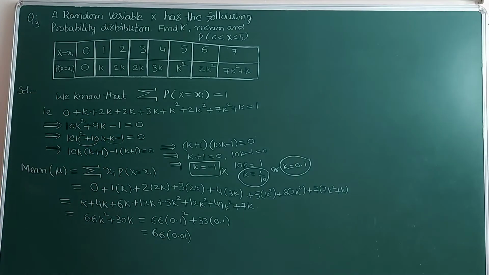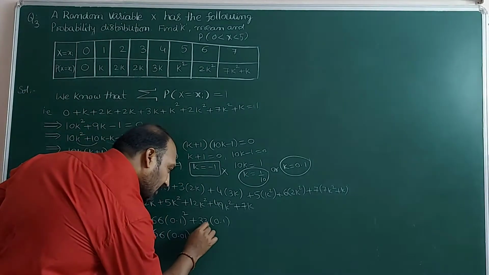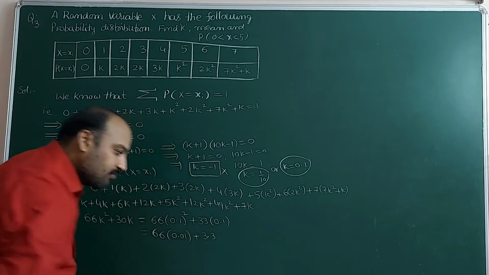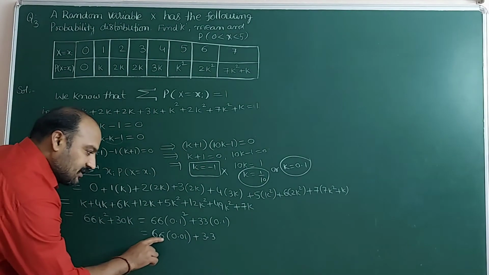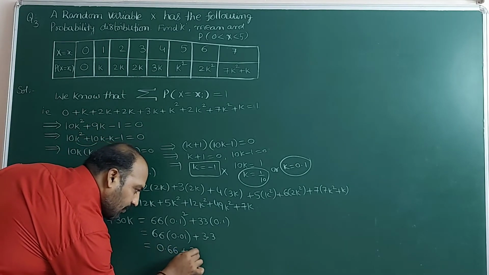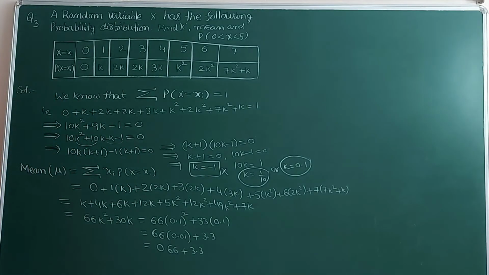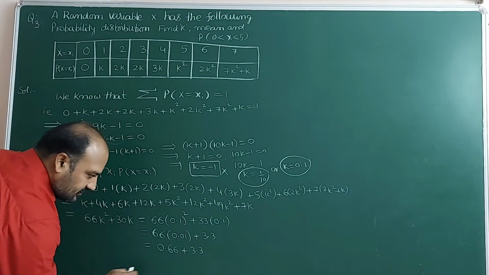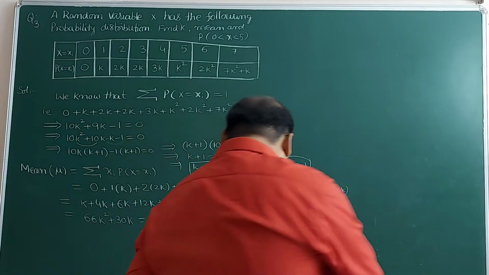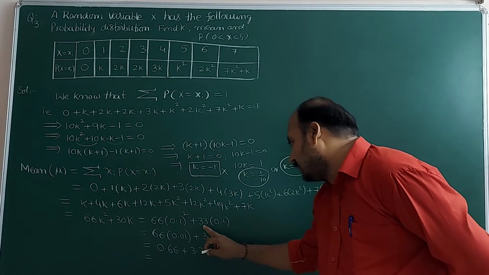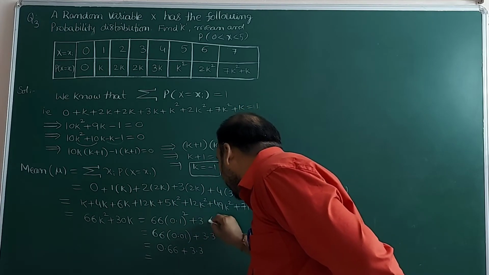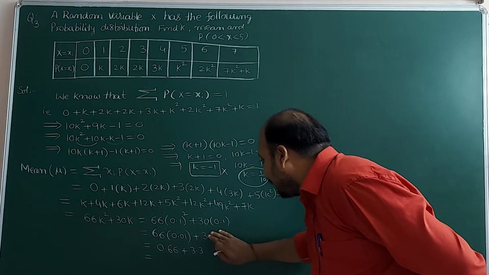Am I right? Plus 33 into 0.1, so 3.3. Sorry, once again you calculate: 25 plus 5 is 30, not 33. So 30 into 0.1 is 3. 66 into 0.01 is 0.66.